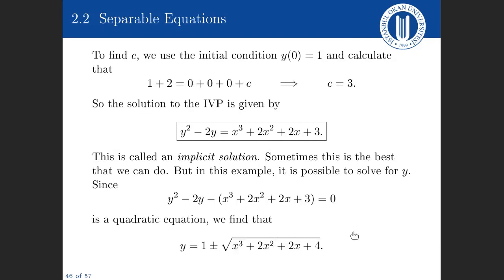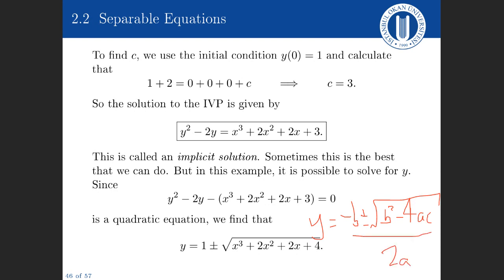Now, rearrange this. We have y squared minus 2y minus (x cubed plus 2x squared plus 2x plus 3) is equal to 0. This is a quadratic equation. We know how to solve quadratic equations. I'll leave this for you to check. You can check that if we use the standard formula, y is minus b plus or minus the square root of b squared minus 4ac, over 2a, the formula that we all know.